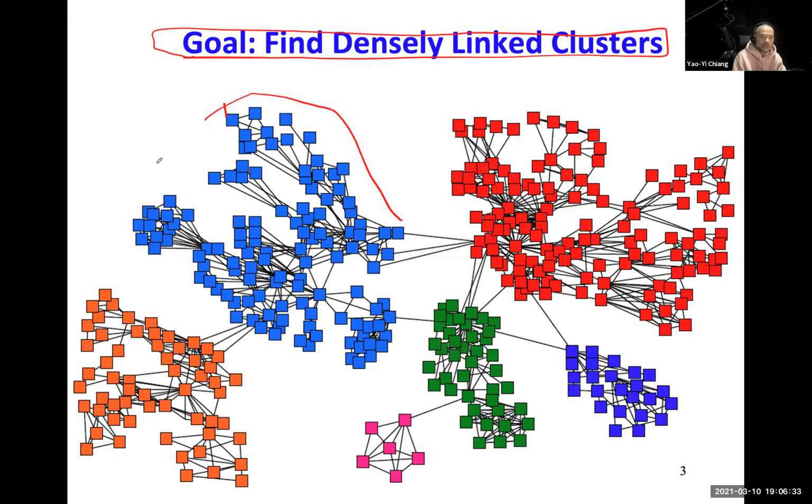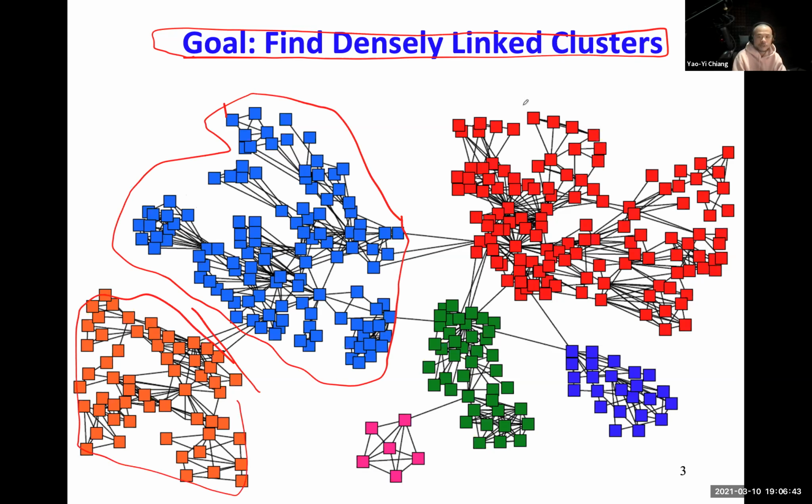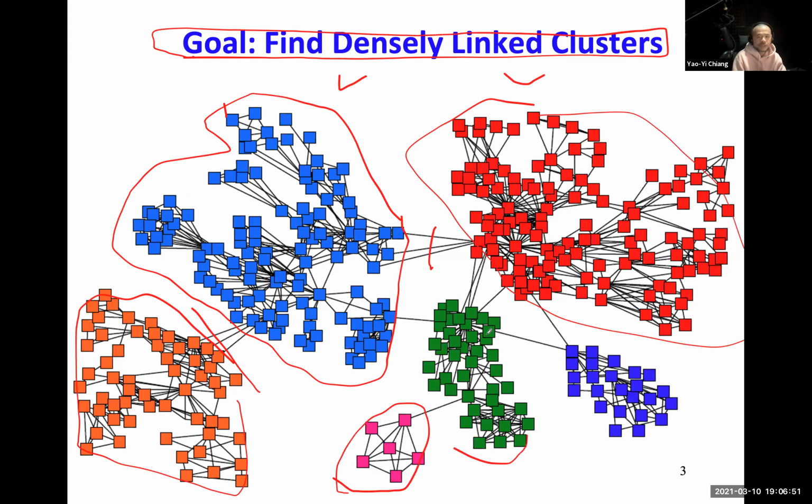Within each cluster, you have many links connecting all the nodes within the cluster. If you look at these two clusters, you only have 3 links between them, this one, and this one. You only have 3, and so on. So here you can easily see some graph structure and some densely linked nodes.